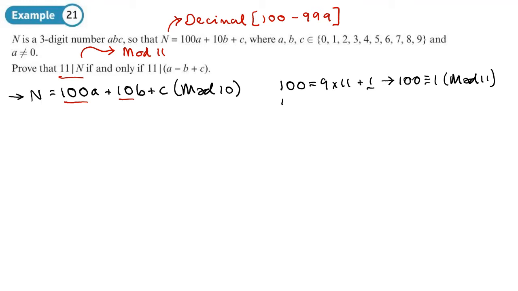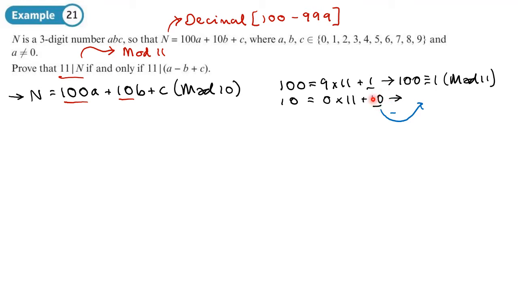And how about 10? Well, 10 is 0 times 11 plus 10. So that doesn't really give us any extra information. 10 is congruent to 10, because that's the remainder. But remember, we can find other congruent values by adding or subtracting the modulus, and in this case it's 11. I could add the modulus to get values congruent to 10, so 21, 32, 43 and so on.